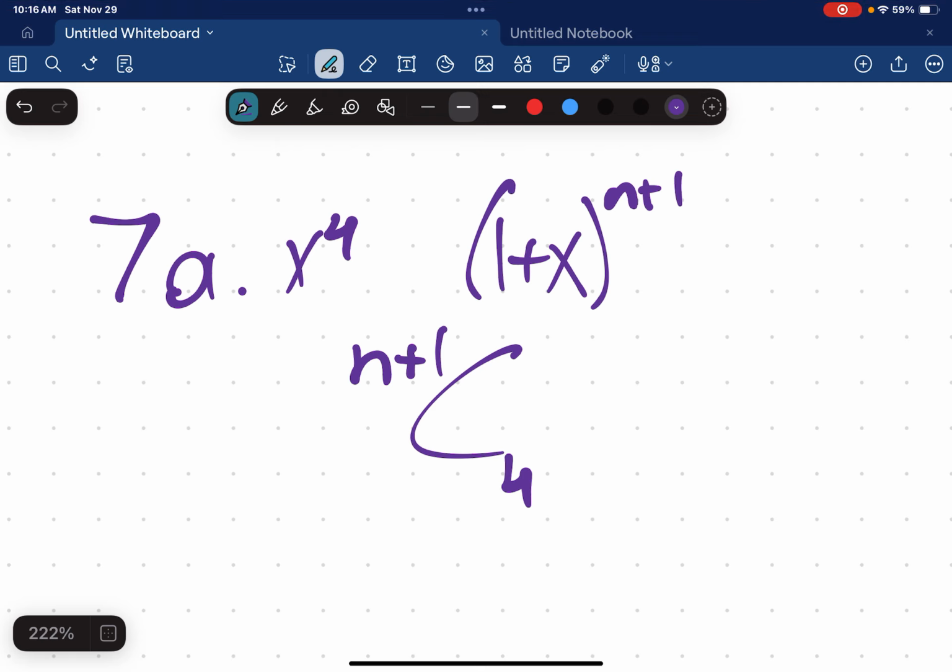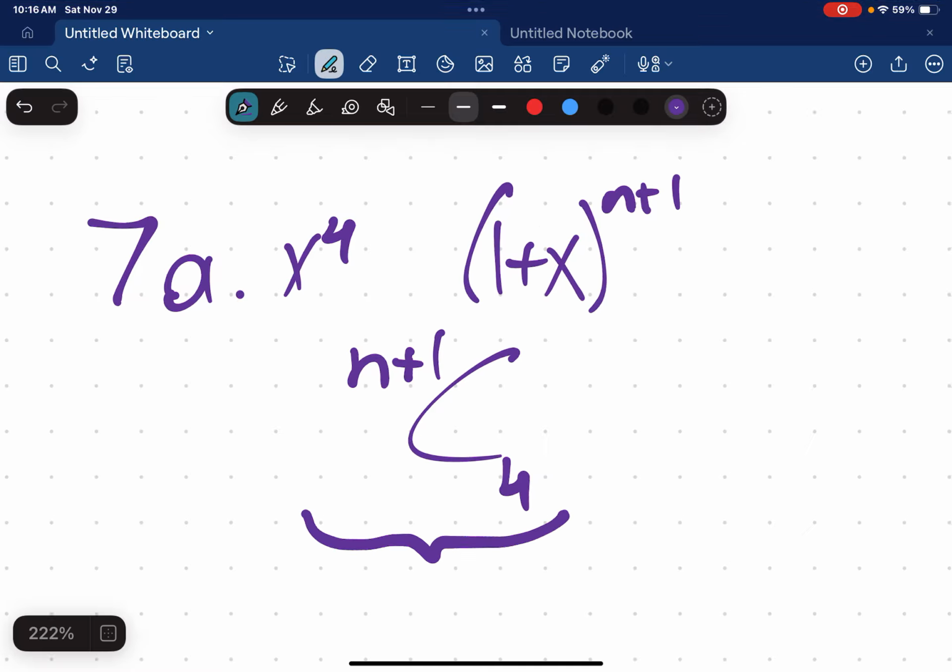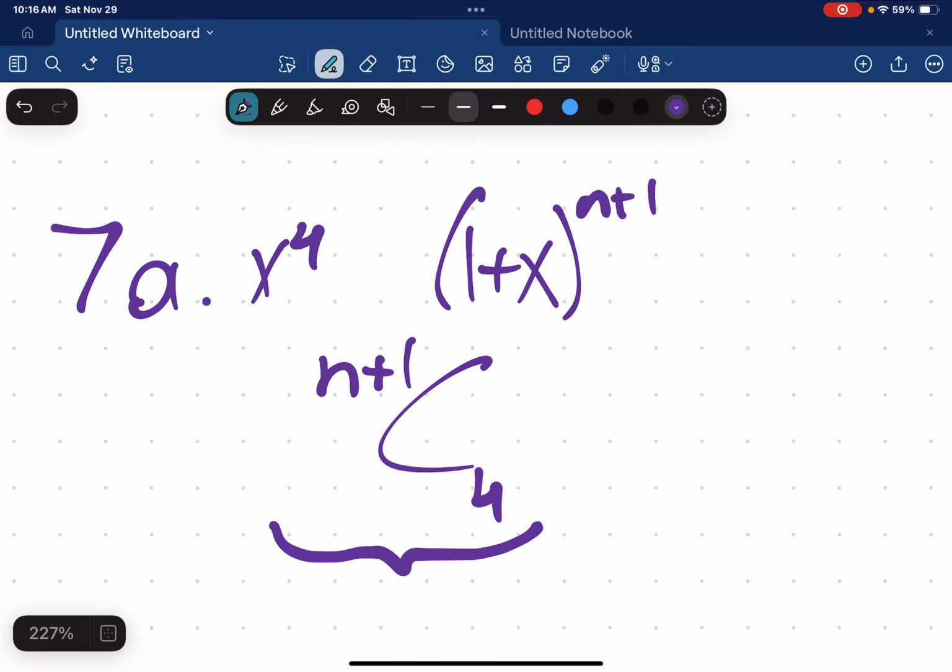And since it's just asking for the coefficient, this is going to be our answer. There we go. This is just going to be our answer since 1, it won't matter what you put that to the power of, it'll always equal 1.